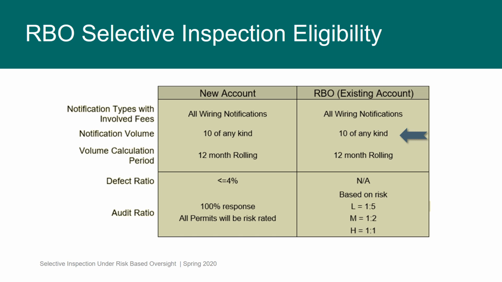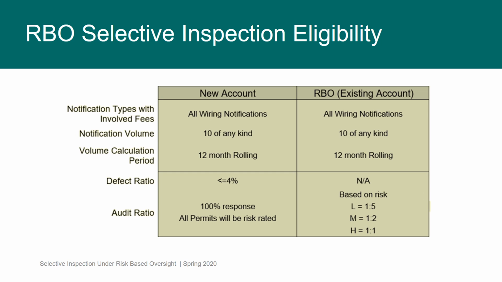This means that even if your defect ratio is higher than the threshold, the risk assessment of the notification, low, medium, or high, using the 9 attributes, will determine the response. The higher the defect ratio, the more likely a notification will be assessed as high risk.